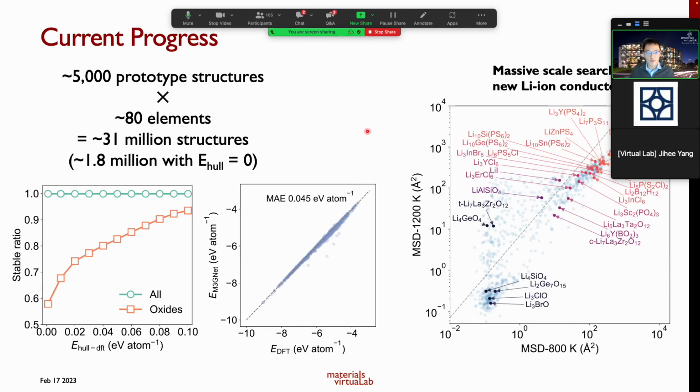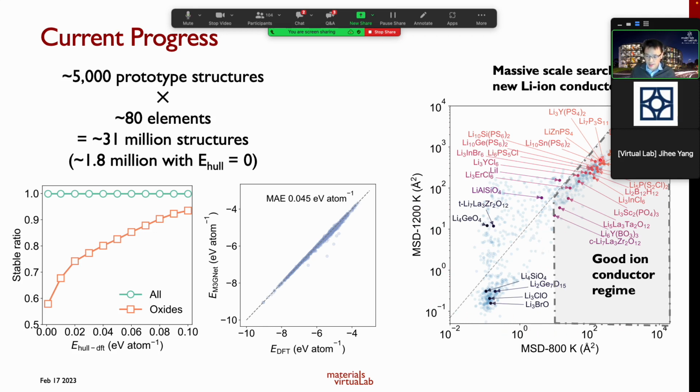So, right now, we are at 31 million structures. About 1.8 million of those structures have an E-hull of 0 or less than 0, okay? And we are now doing this massive scale screening for lithium superionic conductors. As you can see, this is basically a screening protocol that we use in our group based on AIMD simulation. We basically get the mean square displacement at 1200K and the mean square displacement at 800K.